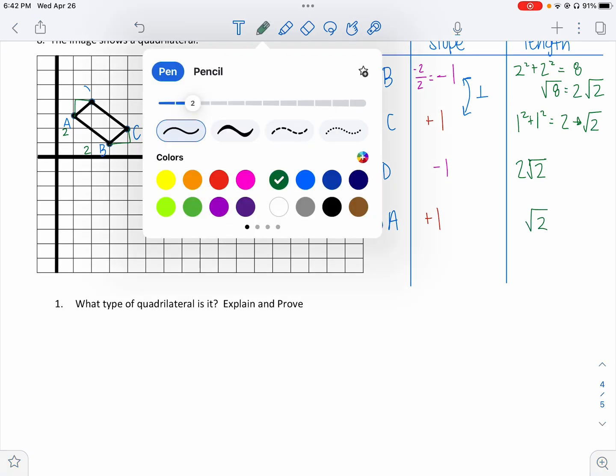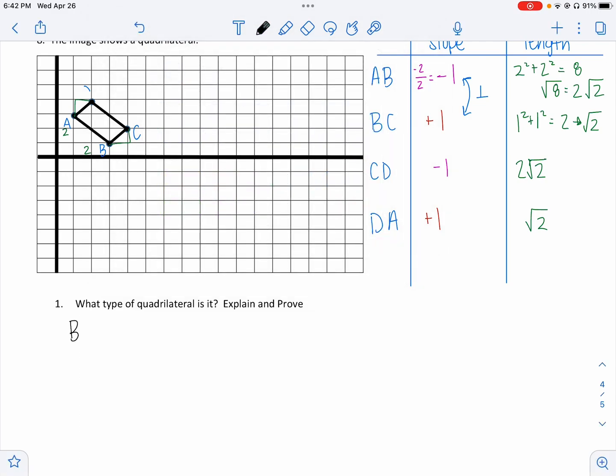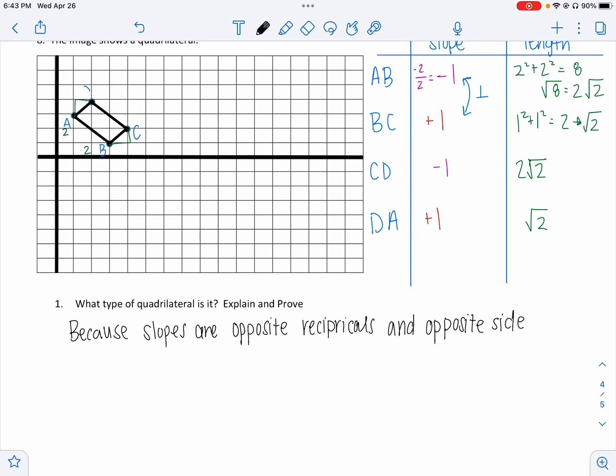So we can see that because slopes are opposite reciprocals, and opposite sides are equal, lines are perpendicular, creating a rectangle.